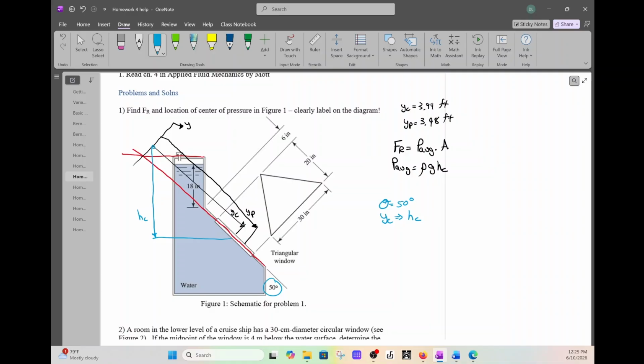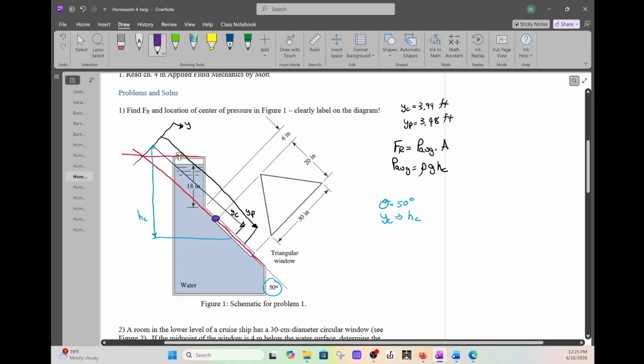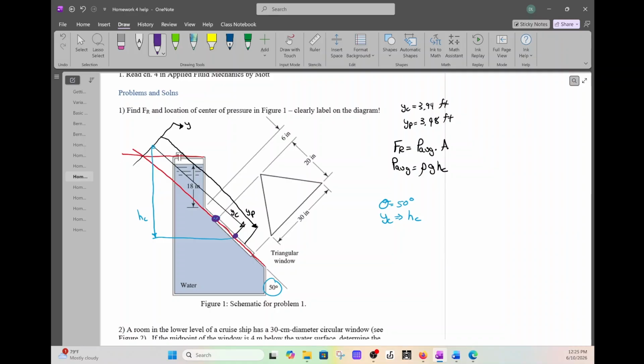Well, from this point to the top of the window, for a triangle, that distance is 2/3 times L, and L is 20 inches in this case.